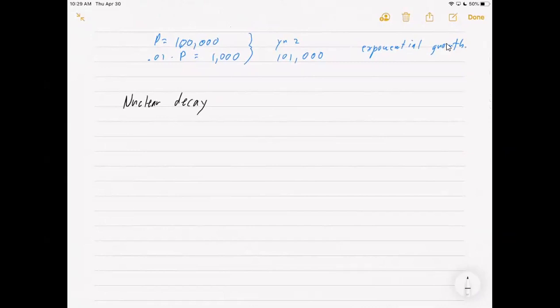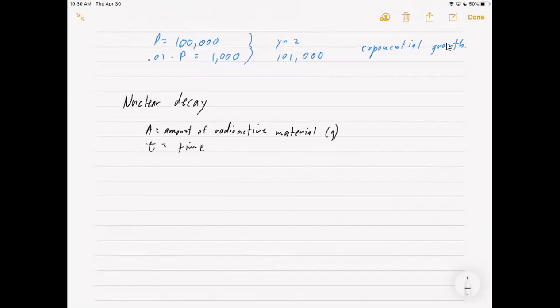It's not radioactive usually. But let's just say that A equals the amount of radioactive material, and we'll say it's in grams. All right, and T will be the time.